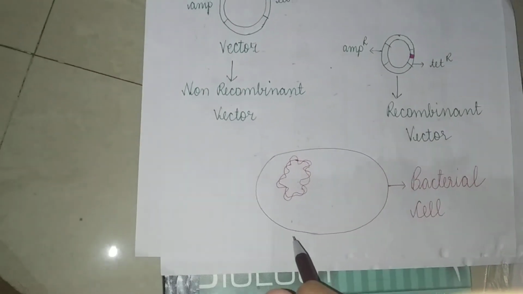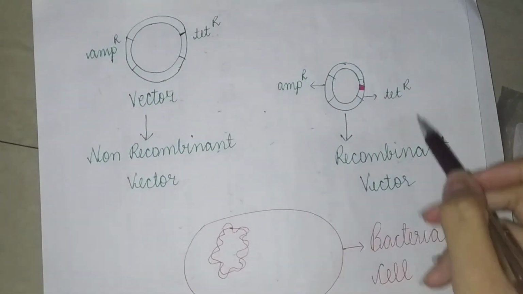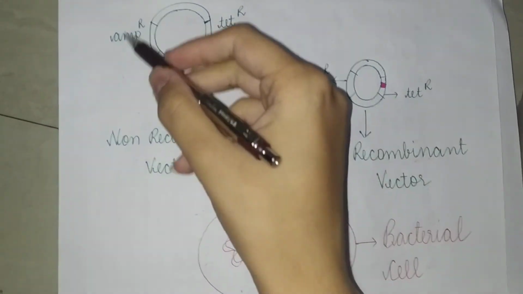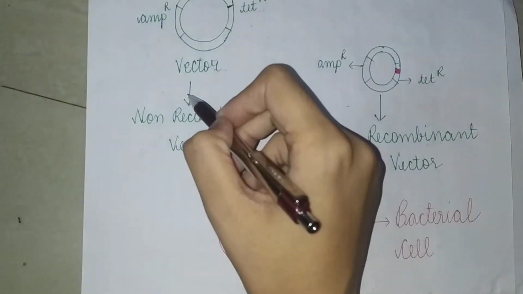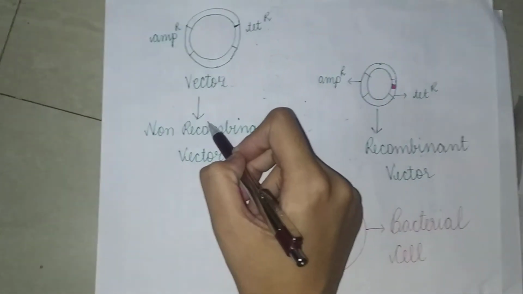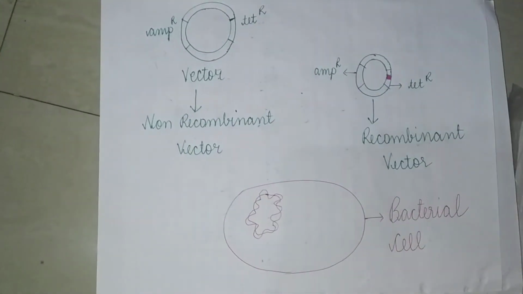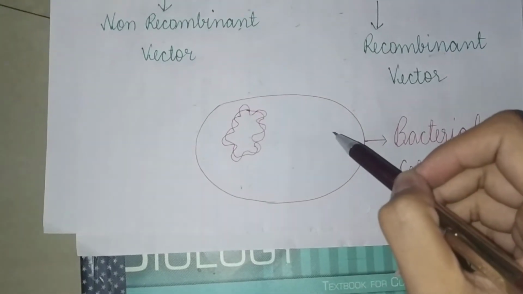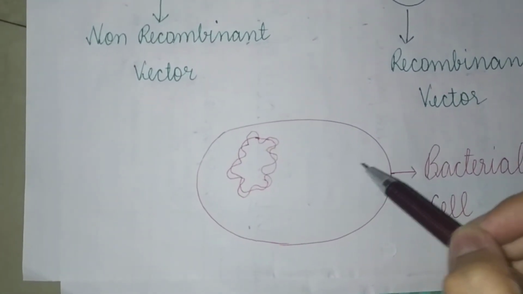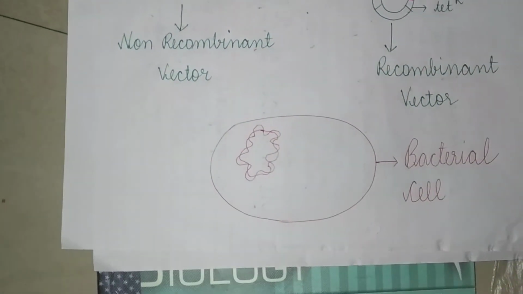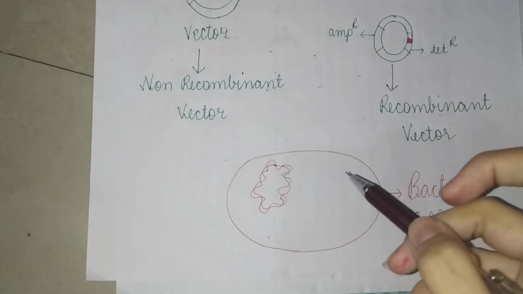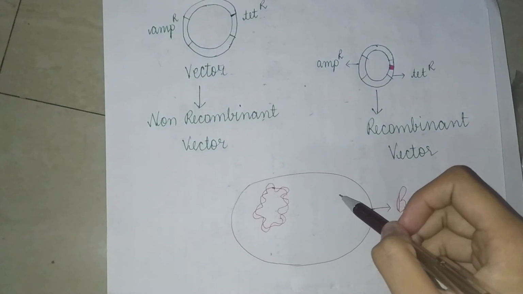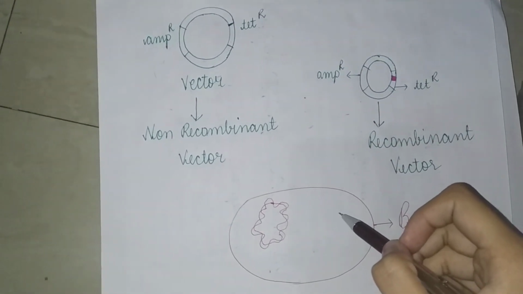And the second step, as you all know, is that we need the recombinant vector in the bacterial cell, that is, the host cell. So the second step is to remove the non-recombinant vector, because it will be able to survive in ampicillin medium. But let's see how we will do it. We'll transfer the host cell into a medium that contains tetracycline. If the bacterial cell has a non-recombinant vector, it will survive in the conditions that have tetracycline medium.